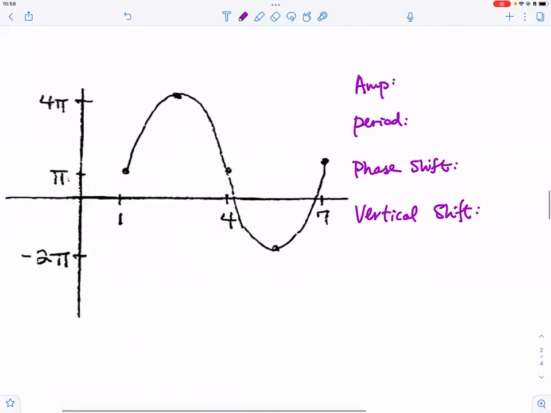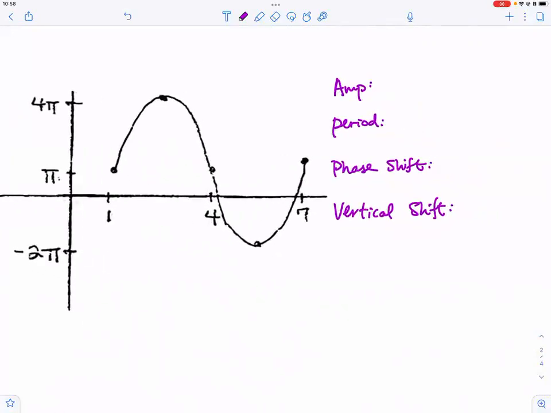So what's the amplitude here? The amplitude is... That's a midline. What's the distance from pi to 4 pi? 3 pi.